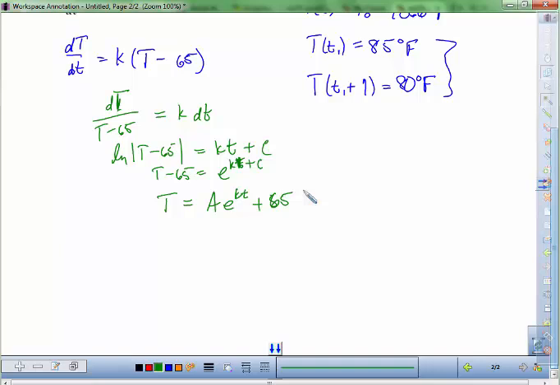And what we'll do is we'll use the initial condition, which is 98.6 when t is equal to 0. So initial conditions, IC: 98.6 is equal to A e to the k times 0 plus 65, so that A is equal to 33.6.